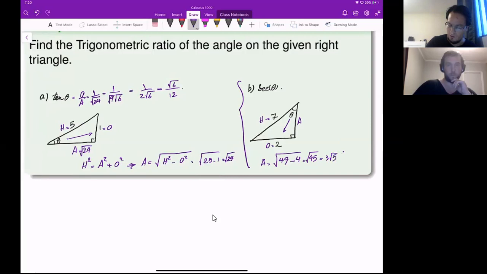And secant theta is 1 over cosine theta, and we know that is hypotenuse over adjacent. Here we have 7 over 3 over 15. Again, we can rationalize this thing, but you should be able to do these kinds of computations.